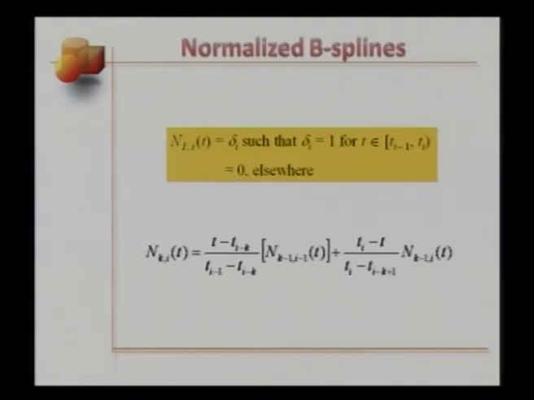And then for any other order, n_ki(t) equals t minus t_(i-k) over t_(i-1) minus t_(i-k) times n_(k-1),(i-1)(t) plus t_i minus t over t_i minus t_(i-k+1) times n_(k-1),i(t). Before we proceed, a few comments on this recursion relation.